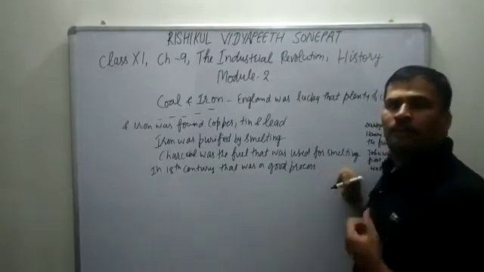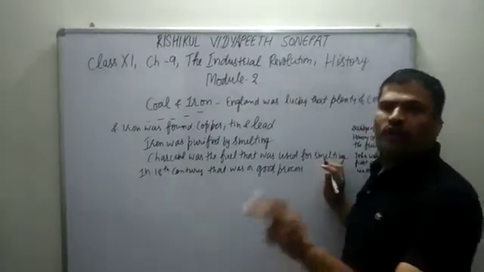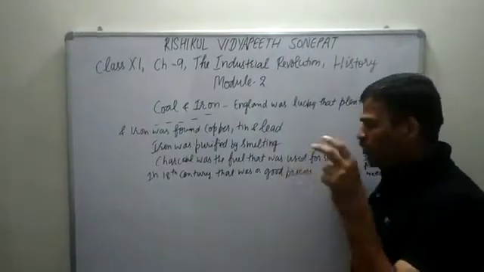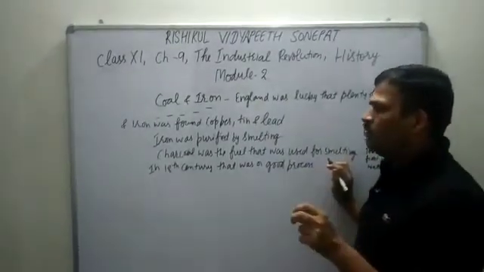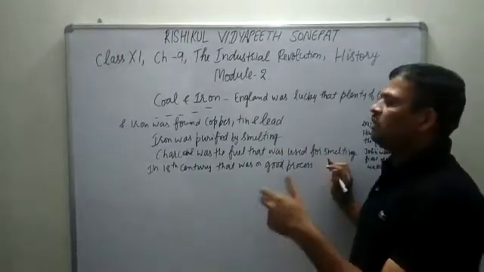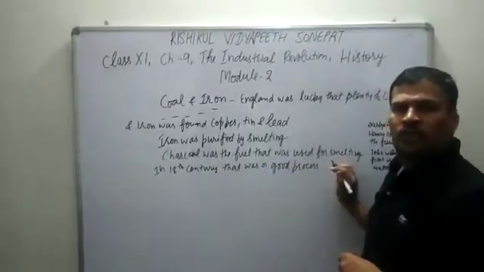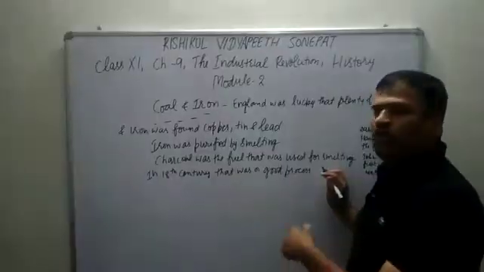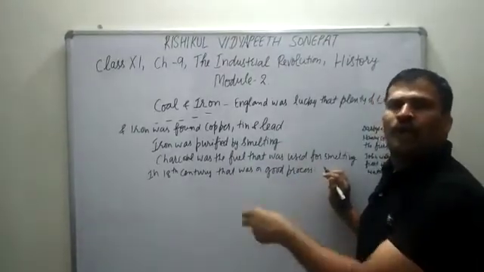So here came a family that played an important role in getting the best output of iron from iron ore. The use of iron and coke converted into the best results.